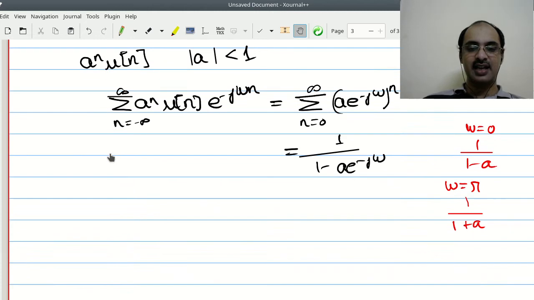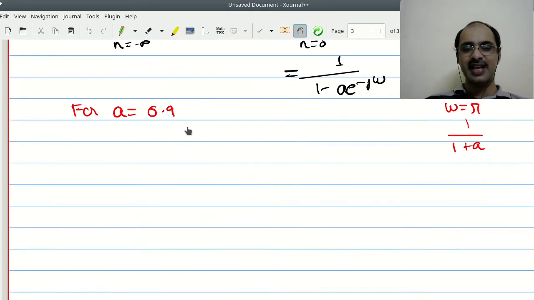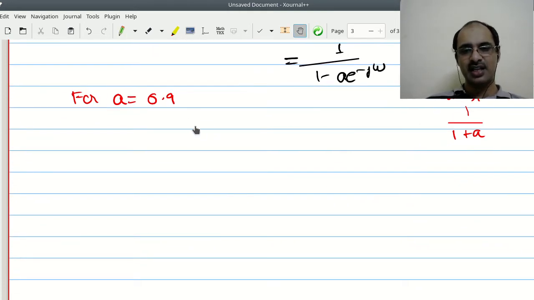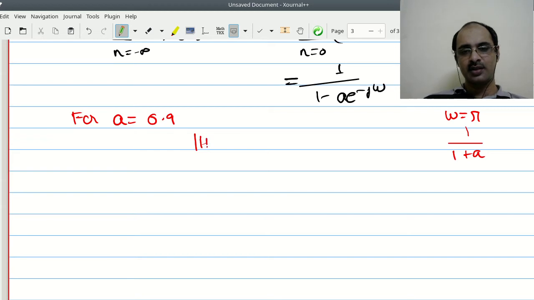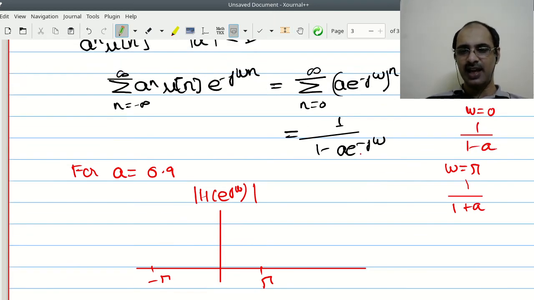So let's say that a is actually some number like 0.9. Let us sketch this magnitude. Let's sketch the magnitude of H of e power j omega, from minus pi to pi. So actually, if you plug in the value and if you evaluate the magnitude, you will find, and you will sketch it, you will find that it looks something like this.